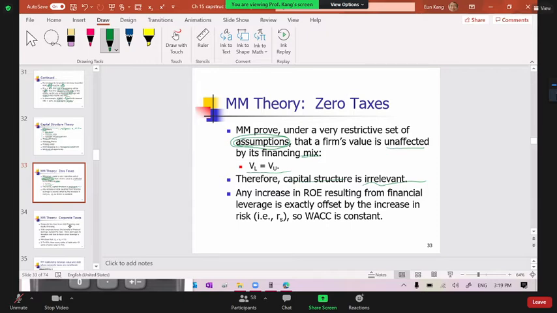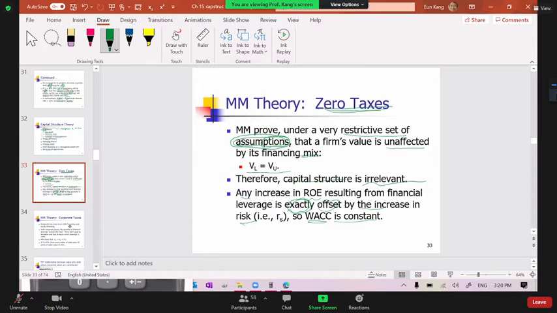Because of that very restricted set of assumptions and no tax assumptions, any increase in ROE resulting from financial leverage is exactly offset by the increase in risk. So WACC is constant. Sounds kind of strange, but because of those assumptions and zero taxes, they prove that. So we'll see that in chapter 16, but chapter 15 is just a brief overview.